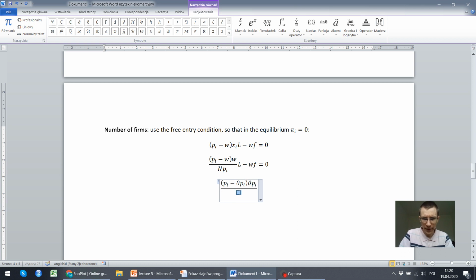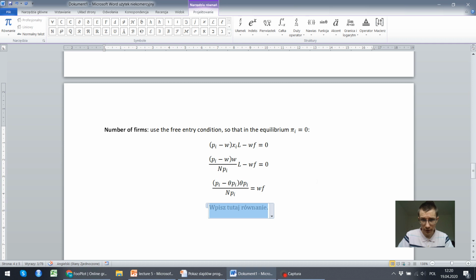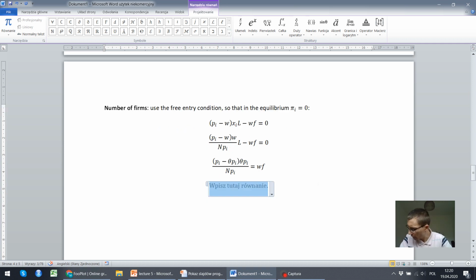This is divided by n pi, and this is equal to WF. Fantastic. So now you see that some things will cancel out, which is always something that you want to see in the model.